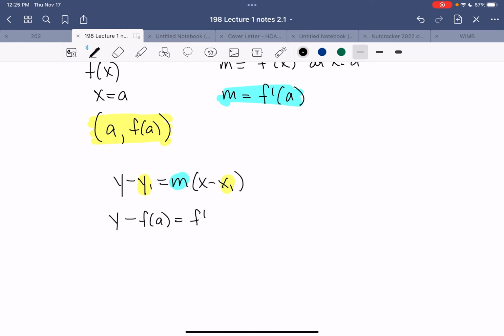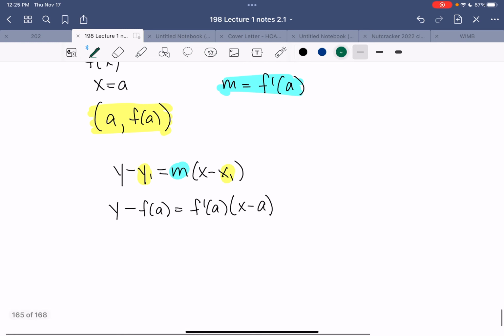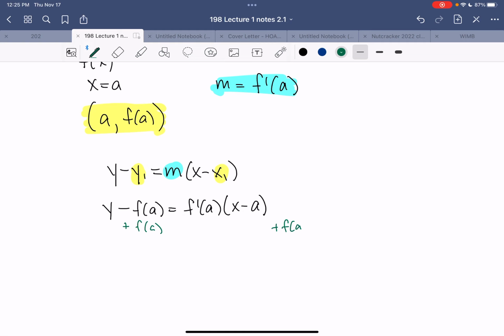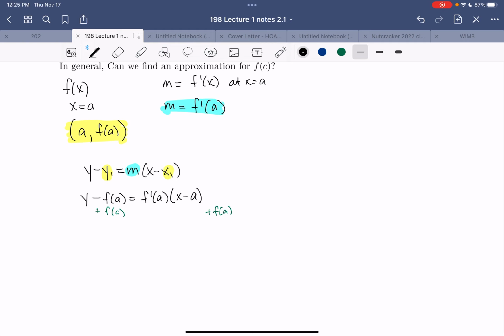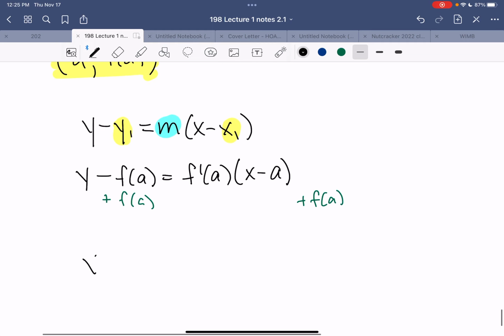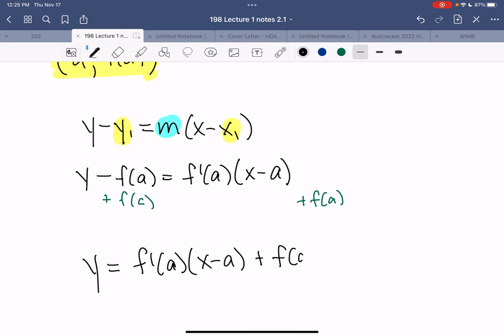The m is your derivative at a. And our x1 is a. And then if you add f of a to both sides, you get the following. You get y equals f prime of a times x minus a plus f of a.